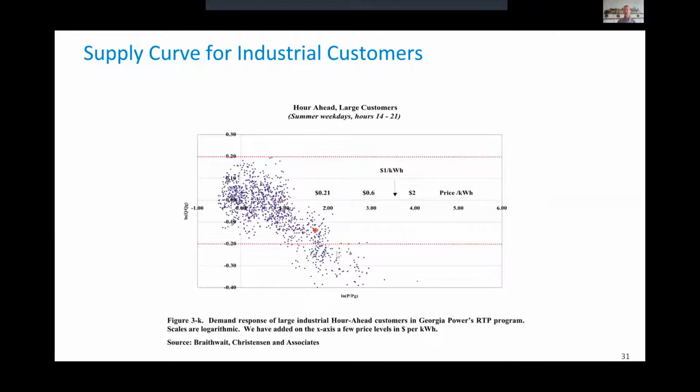We don't find a nice curve, but we find a cloud that still indicates that we could, with standard curve fitting, fit probably a linear line here in log scale, which means a power law for the supply curve. In fact, this is not the supply curve, this is the demand curve for the industrial customers.